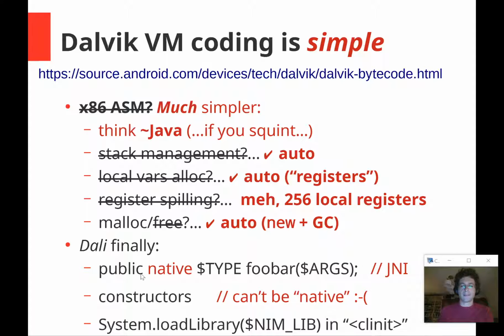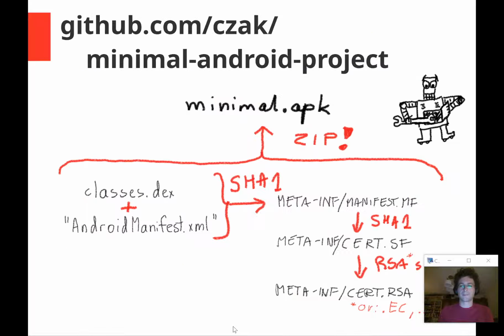So that's all that needs to be there, except constructors. Unfortunately, they can't be native, so I synthesized some Dalvik bytecode here to build constructors. And we need to tell Dalvik, through this static initial call of load library, where our native Nim code exists.